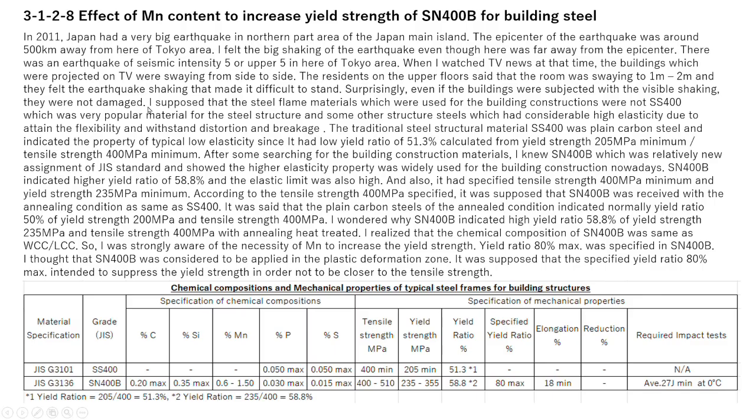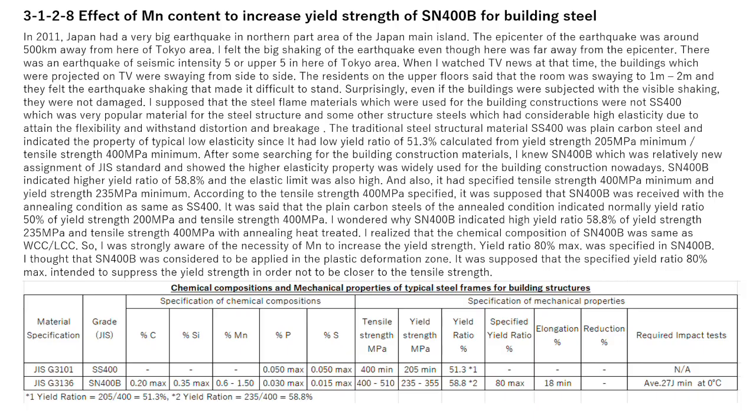I supposed the steel frame materials used for the building construction were not SS400, which was a very popular material for steel structures, but some other structural steels, which had considerably high elasticity to attain the flexibility to withstand distortion and breakage.